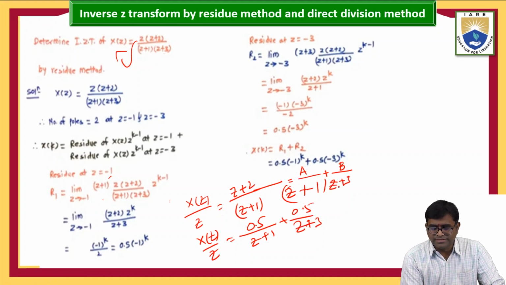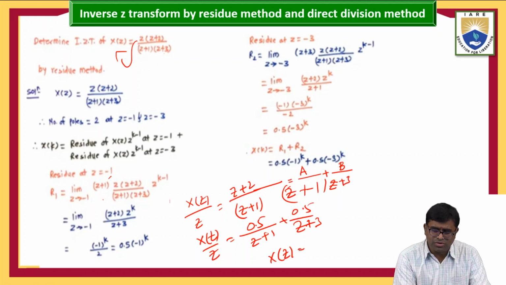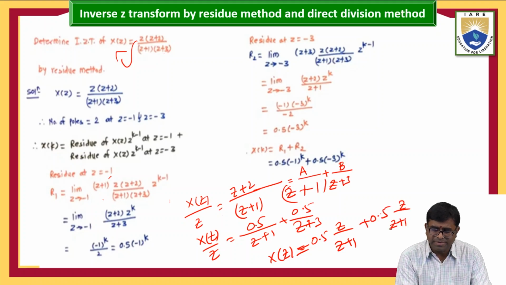After that, on the LHS we take the z, and bring it to the RHS. That is X of z equal to 0.5 z by z plus 1 plus 0.5 z by z plus 3. Now I am going to convert this by applying the inverse z transform.